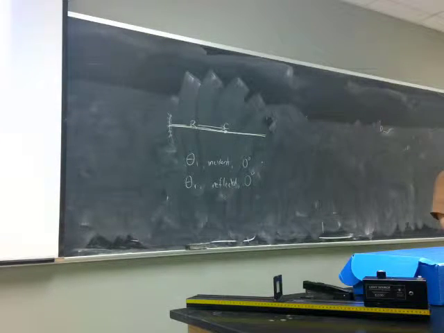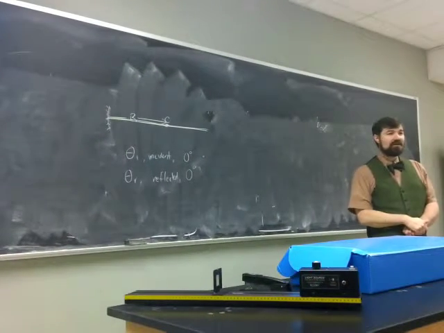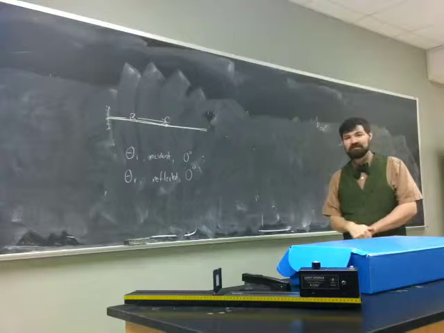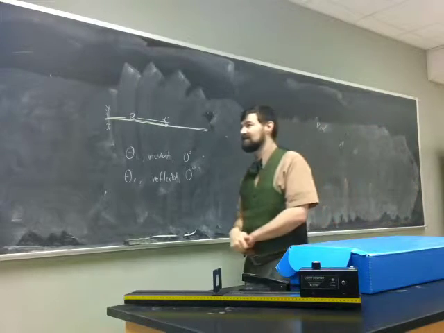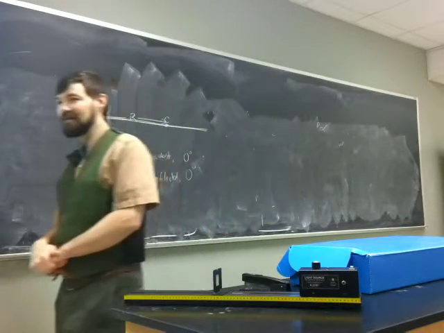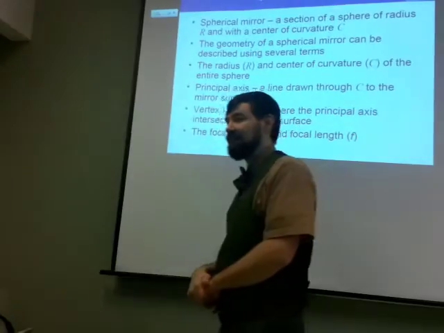Okay? Only the ray which is actually on that axis will do that, because that's the only ray that will actually be perpendicular to the surface when it hits the mirror. So this axis is sometimes called the principal axis.